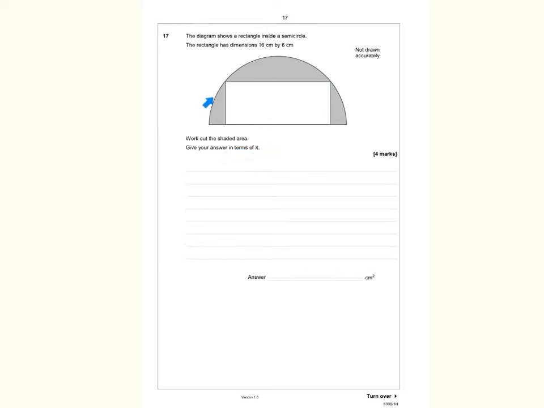Well, this is a semicircle. So to find the area of a semicircle, I do need to know the radius here. Now I can see that from the center, the radius is actually the length that goes like that. That might be useful to me because all of that is in the rectangle.